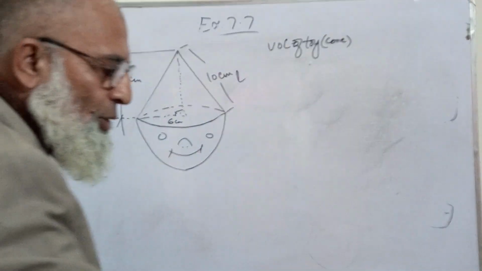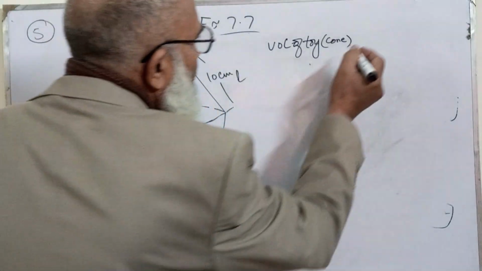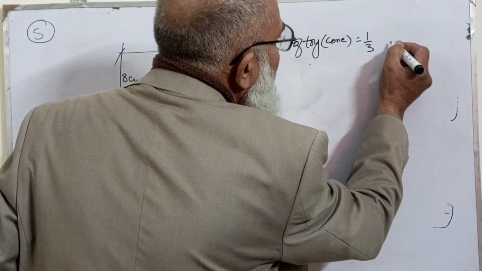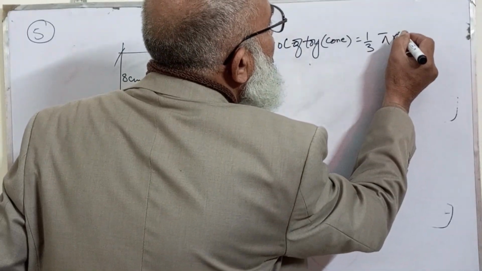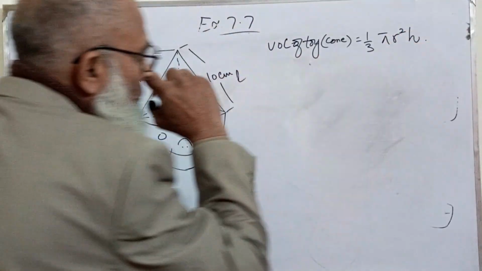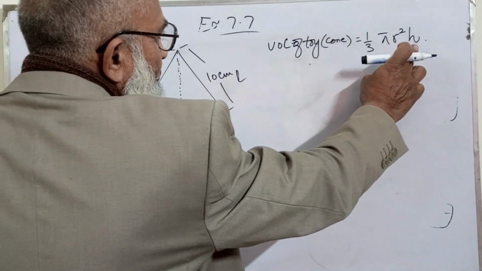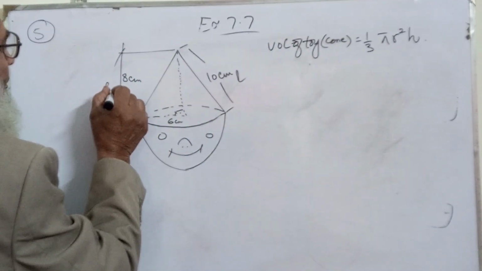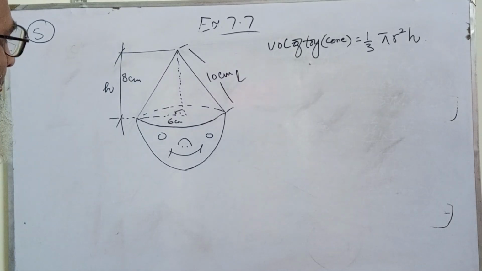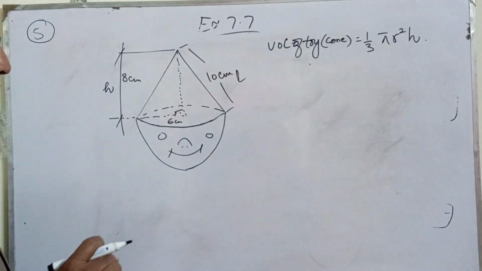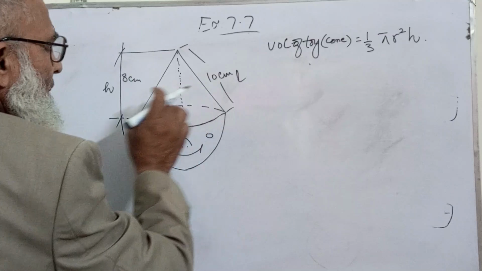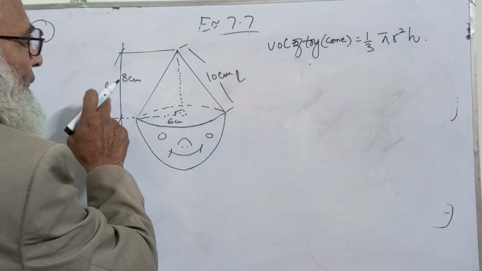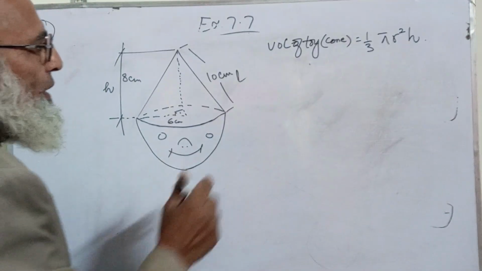So volume of cone is equal to 1 by 3 pi r square h. So now you see, my dear students, this h is this one, because this is the h and this is the L. L is taken when the surface area has to be calculated.